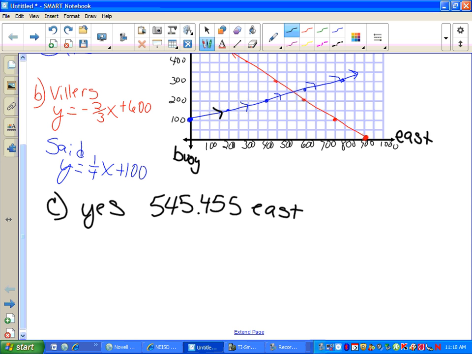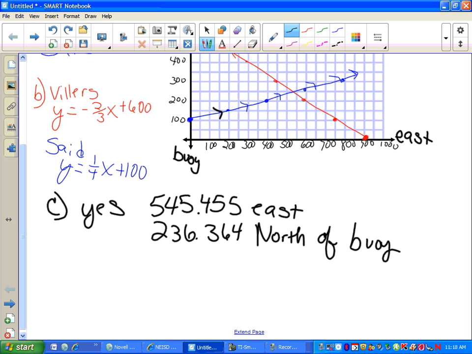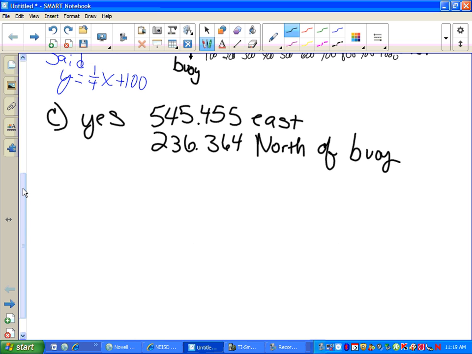And 236.364, and that's north of the buoy, right? Okay. So that was pretty easy with our calculator to find out where the paths actually cross.